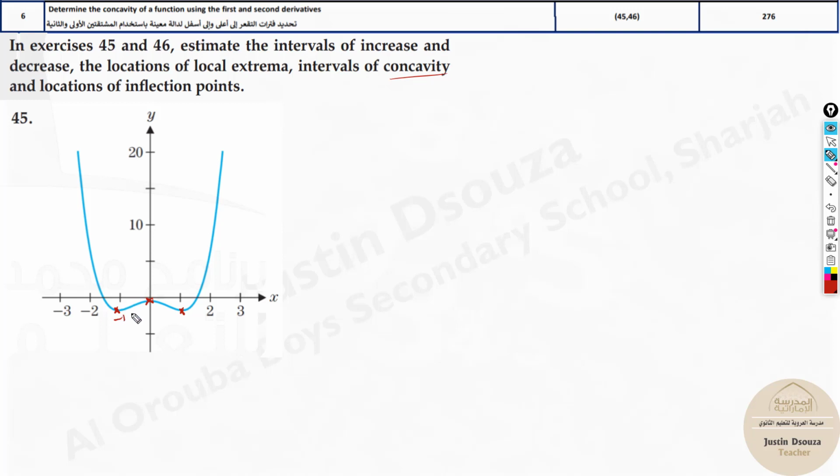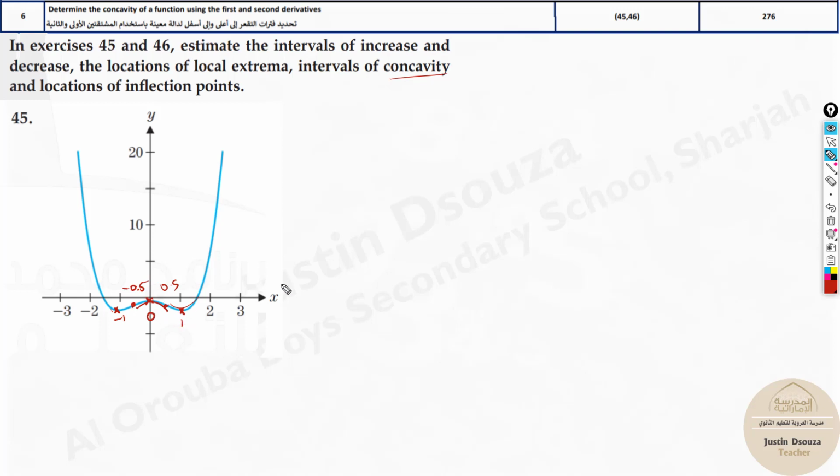Now I can see this is -1, this is 1, this is 0. Somewhere in between, because see it's all concaving upwards, upwards, upwards. Even over here it's upwards. And there'll be some point here somewhere in the middle, negative 0.5, somewhere over there. It starts concaving downwards. Then over here as well at positive 0.5, it would go upwards. So just by looking at this graph, you can tell what would be the limits.